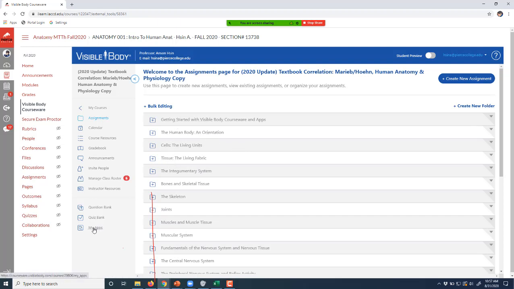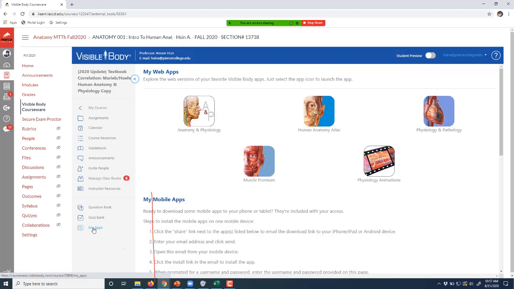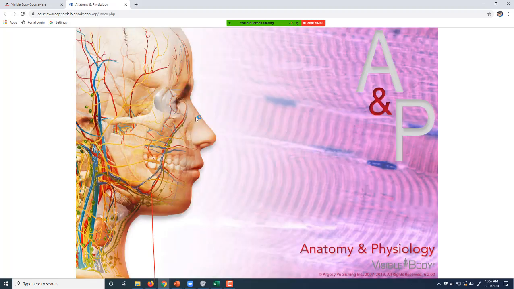But the main reason why I want you to use this is, optional once again, you go to My Apps. Once you go to My Apps, click on this Anatomy and Physiology icon. And then it takes a long time for this to load, but eventually it will load up. And once it loads up, now you could actually take the different organs and be able to rotate them around and whatnot.